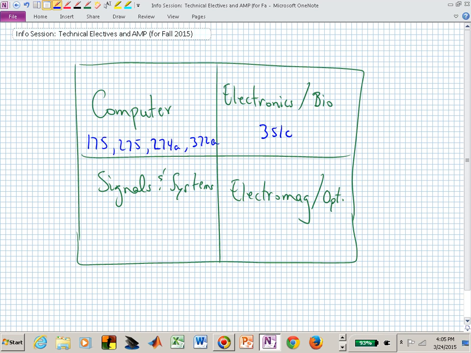In the electronics and bio, the feeder class for those would be 351C, if you're taking that now. In the electromagnetics and optics, whoops, is it 380? What am I doing? I'm trying to graduate it up to C, but I think it's 381A.